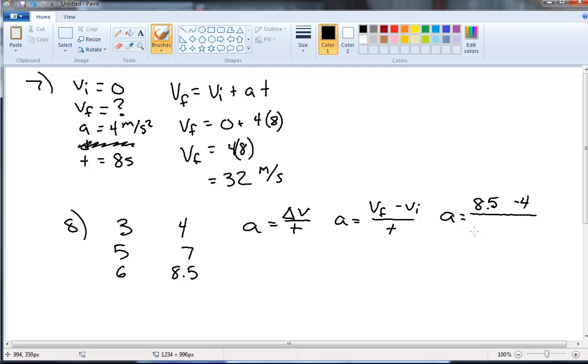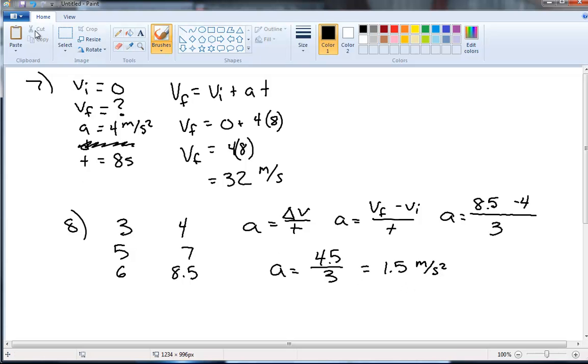Well, it went from 3 seconds to 6 seconds. So the change in time was 3 seconds. Right? 6 minus 3. So we have acceleration equals 8.5 minus 4, which is going to be 4.5, divided by the 3 seconds, which is equal to 4.5 divided by 3, 1.5. So that's going to be meters per second squared.